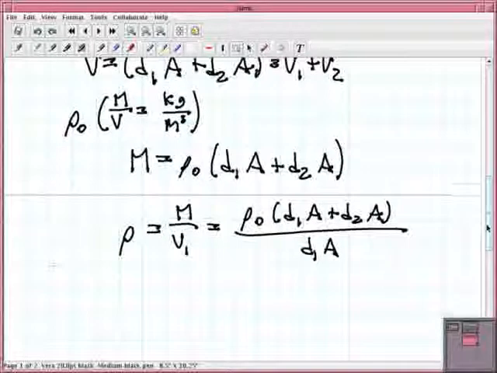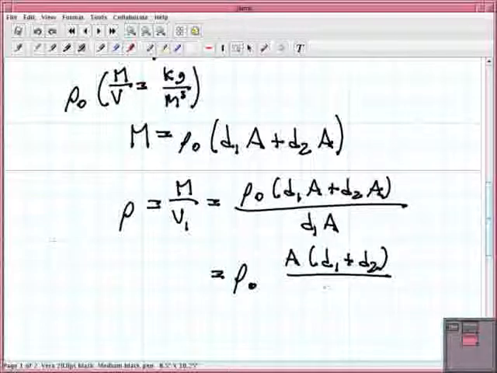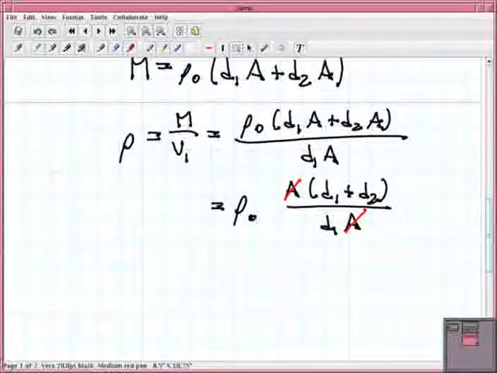And we can immediately see that we can pull out rho 0, and we can also factor out A, like so. We can cancel A, and then we are left with this.